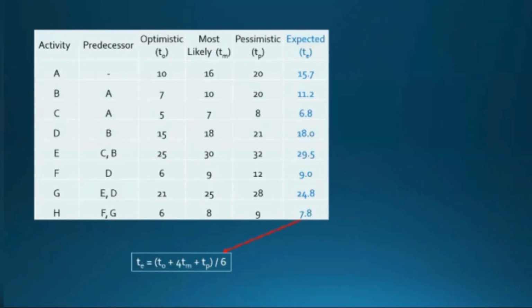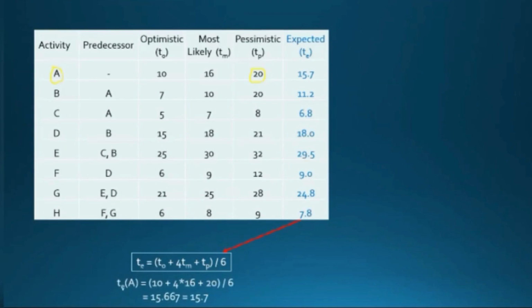Let us take the first activity, A. What is the value of TO? 10. TM is 16. So 10 plus 4 into 16 plus TP. TP value is 20. So 10 plus 4 into 16 plus 20, divided by 6.